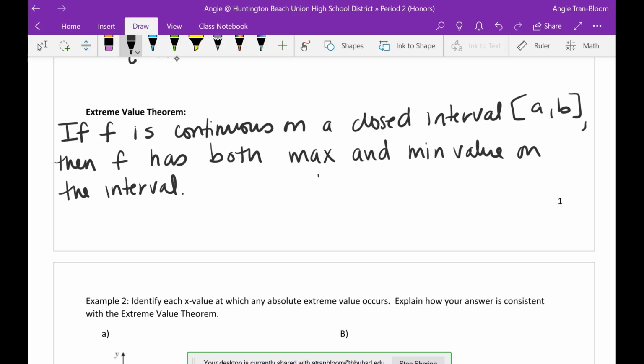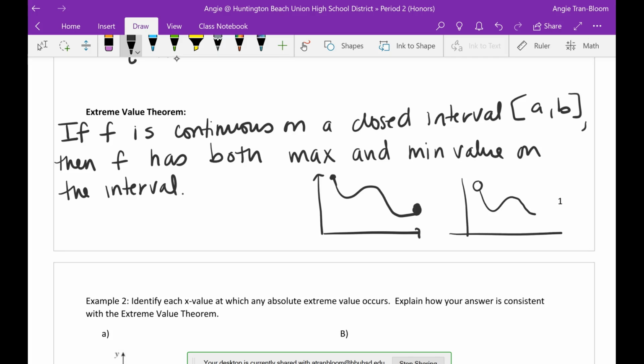So in plain English, if you have a closed interval, you are guaranteed to have both. Would you guys agree? So that's a closed one. But if you have a non-closed interval, are you guaranteed to have both?